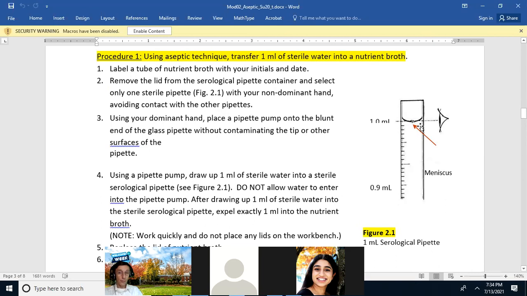What you do is read the meniscus at the bottom of the meniscus. Any question about that? And the meniscus forms because water is attracted to the glass of the pipette, and so it will be pulled up by the glass.